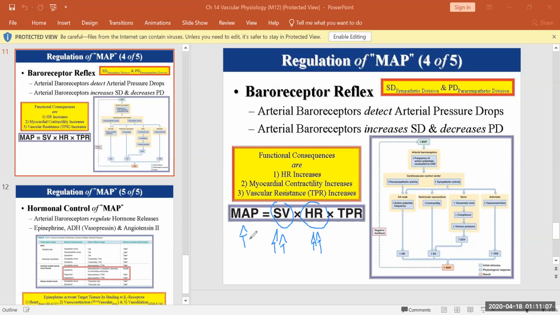Epinephrine acting on beta 2 receptors. These beta 2 receptors are on the plasma membrane of smooth muscle cells in the walls of blood vessels that are perfusing skeletal muscles and cardiac muscles.